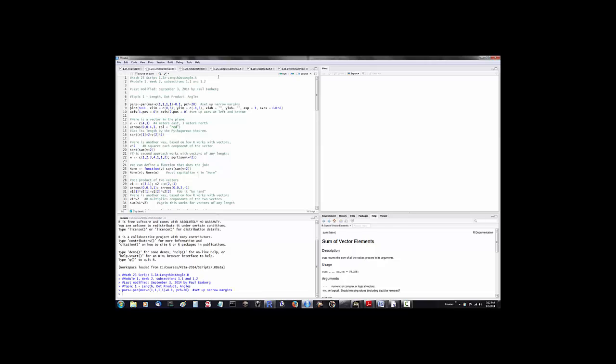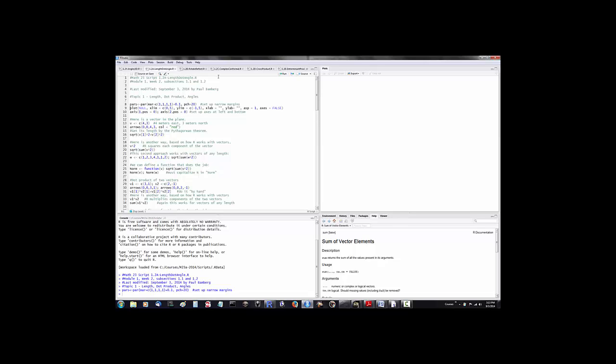The plot line lets me specify the extent in the x direction and the y direction. Since I don't need to label the axes, I've set xlab and ylab equal to the null string, and importantly, asp equals 1 means 1 unit horizontally equals 1 unit vertically, because we're doing honest-to-goodness Euclidean geometry today.